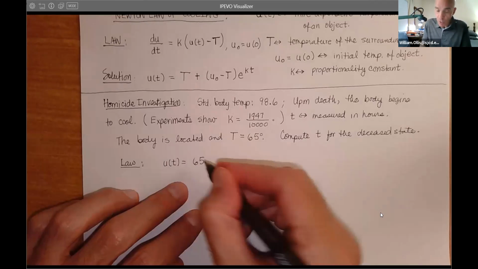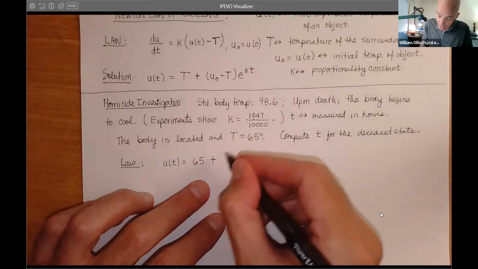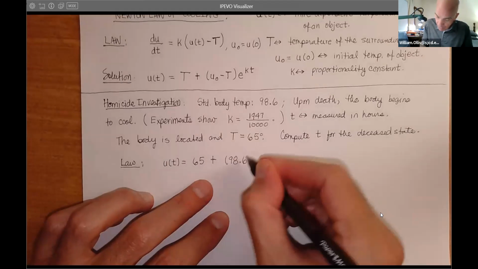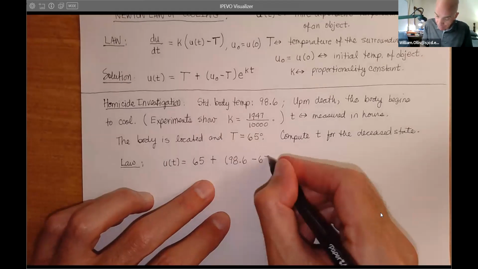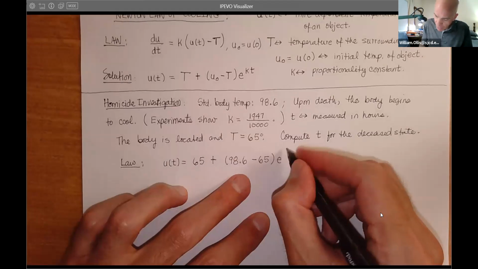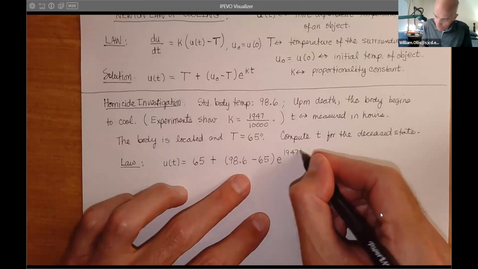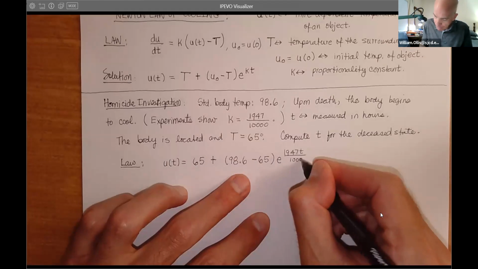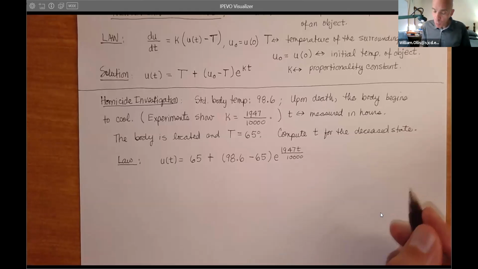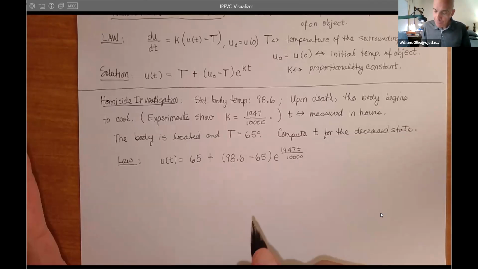So you need to put these on a note card or commit them to memory, plus 98.6 minus 65, and then we have E to the 1,947 T over 10,000. So that's our curve. And now this is where we have to look at this and make one estimation here.